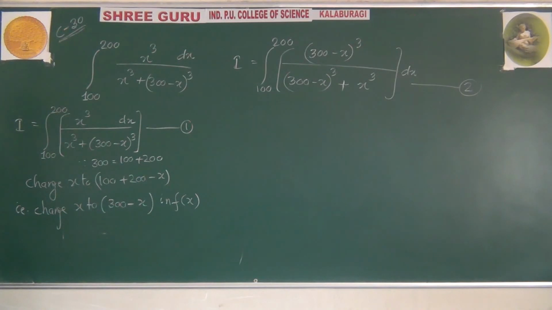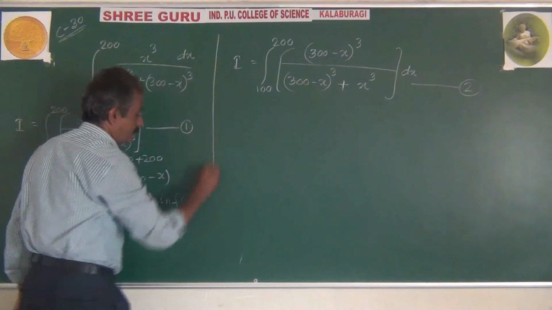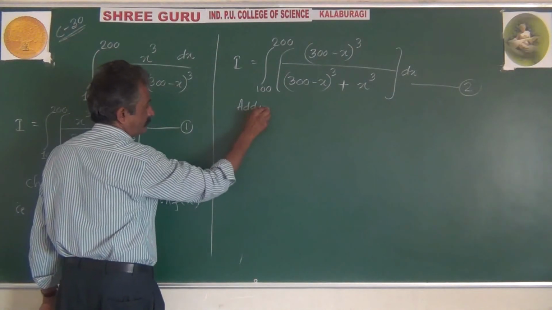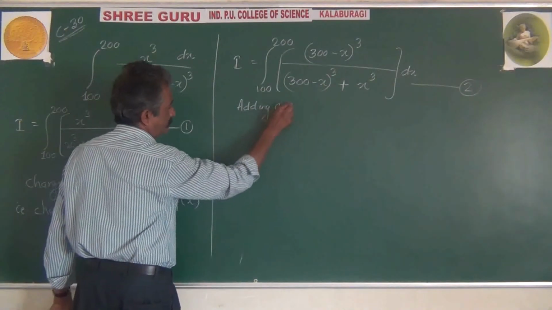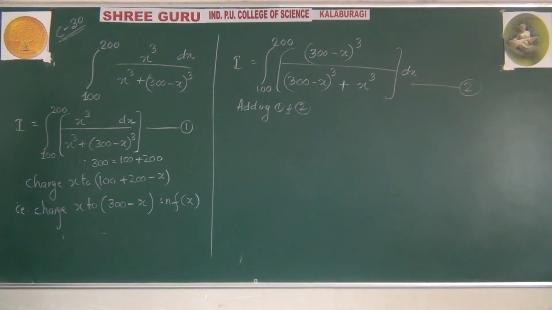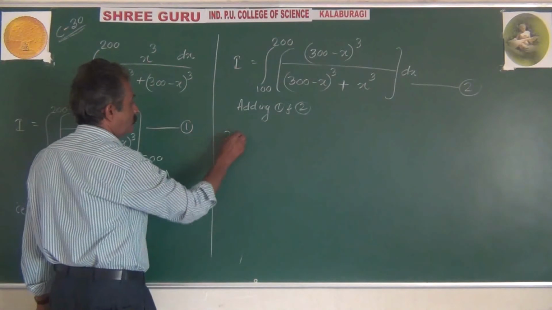What is the next step? Adding integrals 1 and 2. Next step will be adding 1 and 2. I plus I becomes 2I.